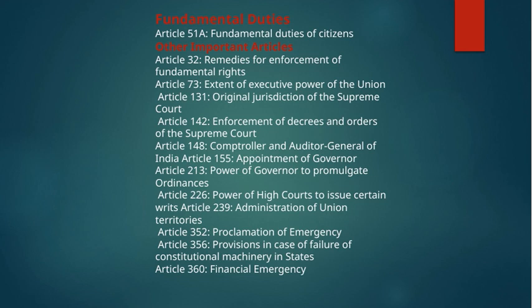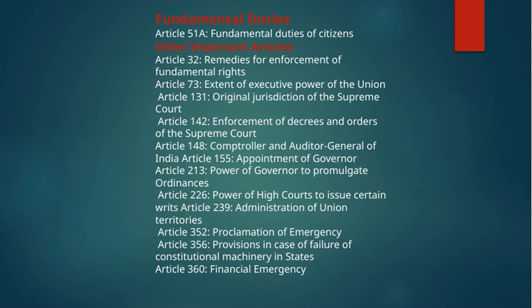Then we have Article 142, which gives the Supreme Court the power to enforce its decrees and orders, ensuring that justice is effectively implemented. Article 148 pertains to the Comptroller and Auditor General, who audits government accounts, promoting transparency and accountability. Article 155 details the process of appointing governors in states, highlighting the importance of a balanced administrative structure.